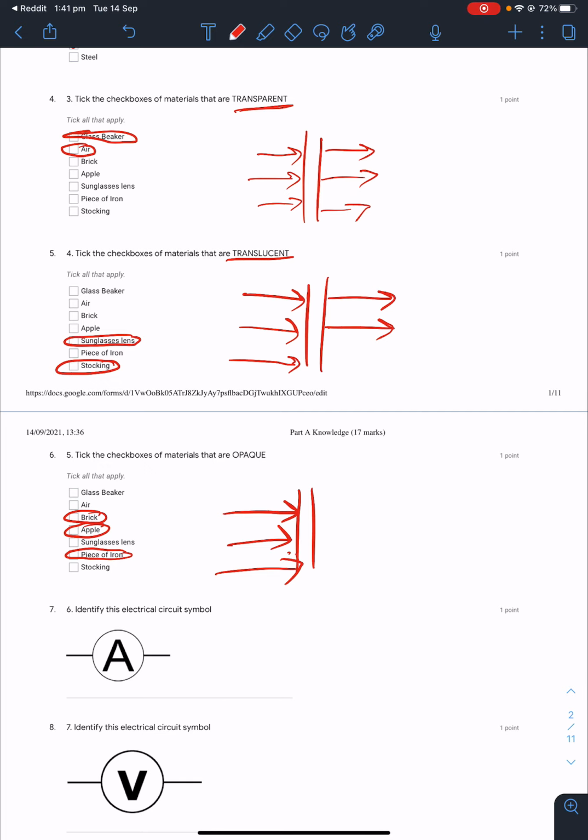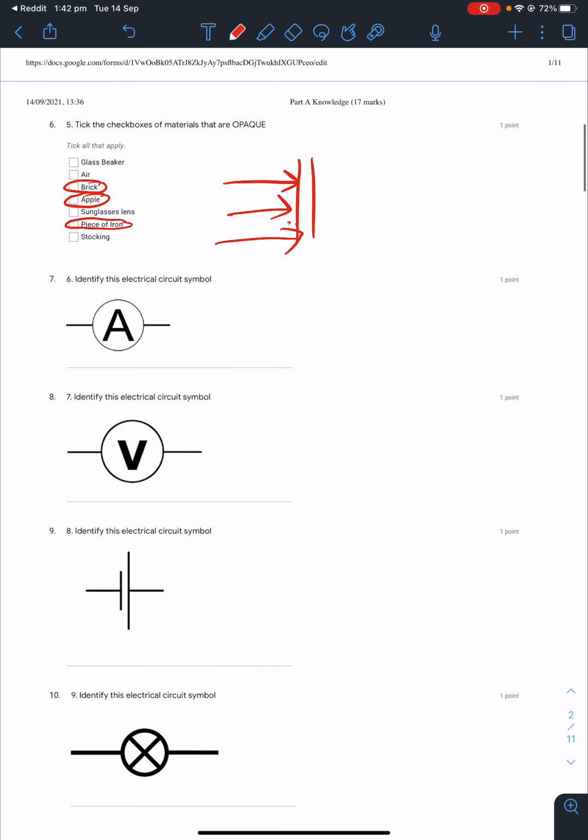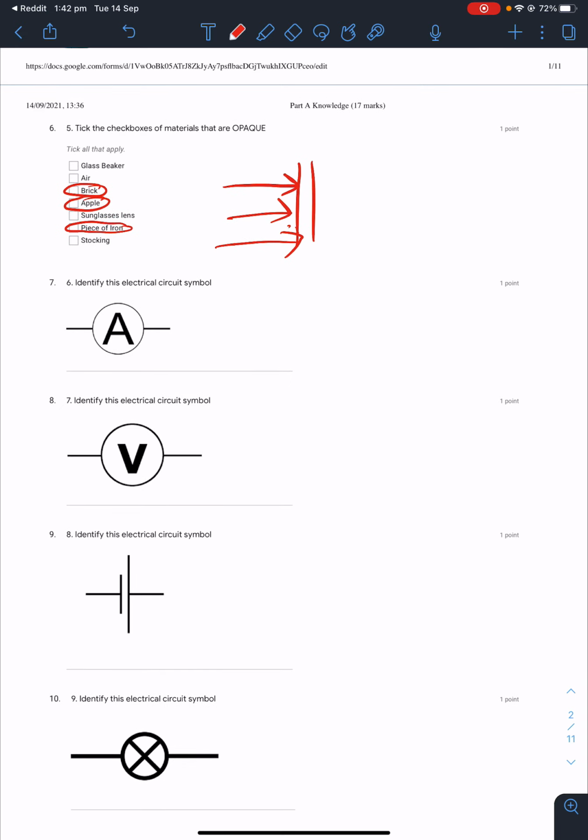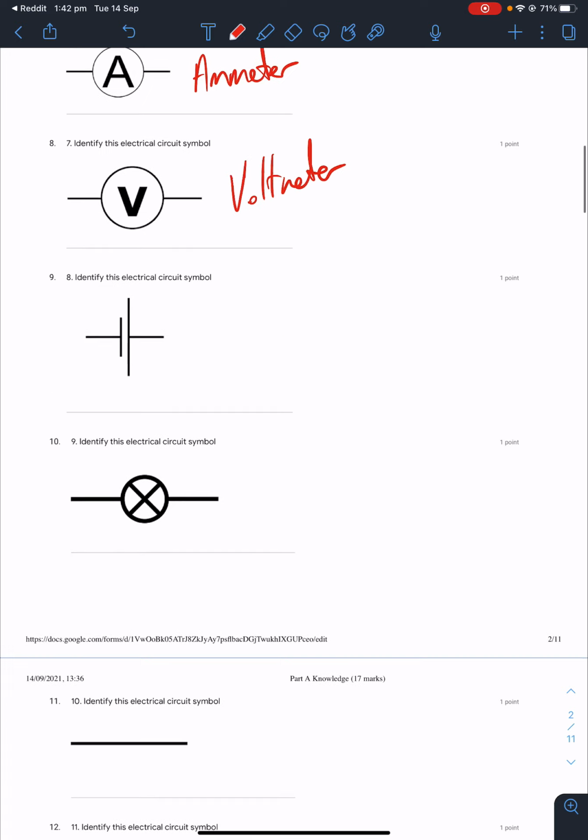Okay. So, electrical symbols. Hopefully you studied well. This one here is an ammeter. It measures current in amps. This big V is a voltmeter. It measures voltage in volts.